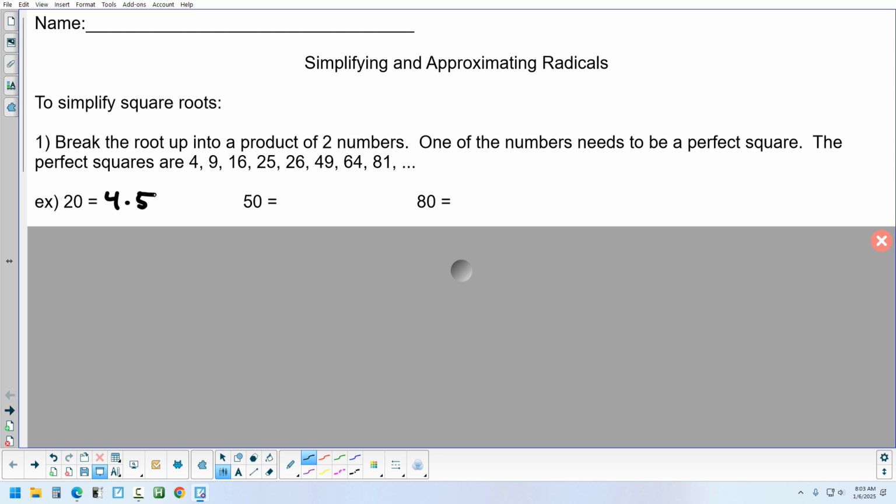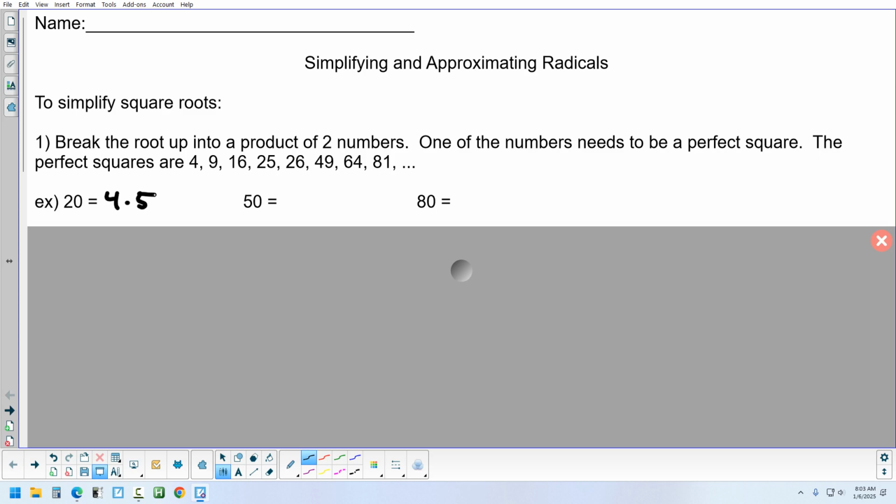How about 50? Again, you might think 10 times 5, but 10 and 5 are not in that list. So does anyone see how you can break up the number 50? Something times something, and one of those numbers has to be in that list. Well, does 7 times 8 give you 50?